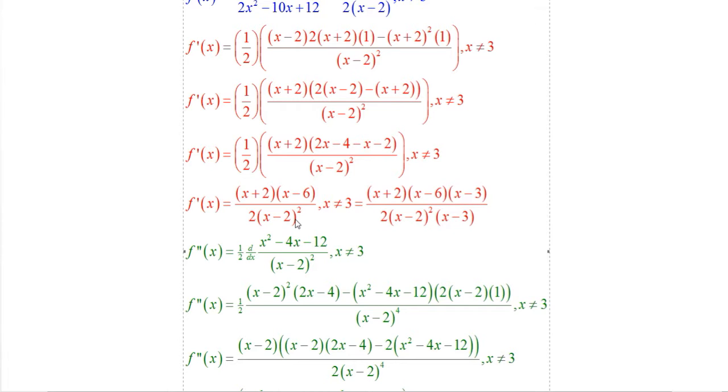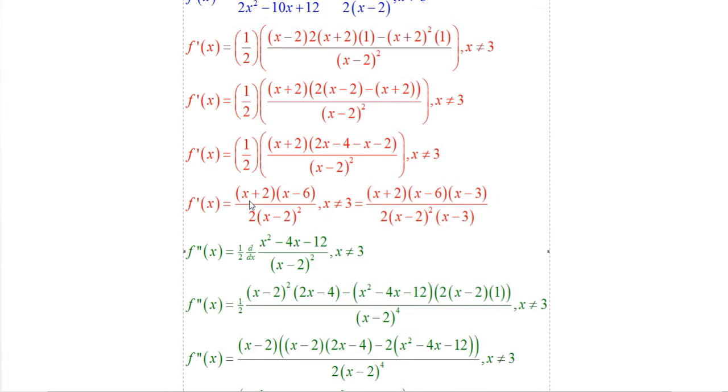That's going to be a hole in the graph of the derivative and the original function. Again, x equals 2 is going to make the denominator 0, so the derivative has a vertical asymptote at x equals 2, just like the original function did. And this is typical of any function: anytime you have a function which has a vertical asymptote, its derivative will also have a vertical asymptote at the same x value.